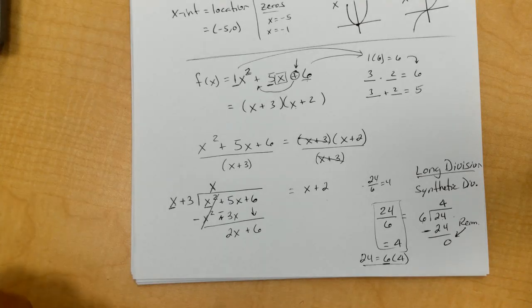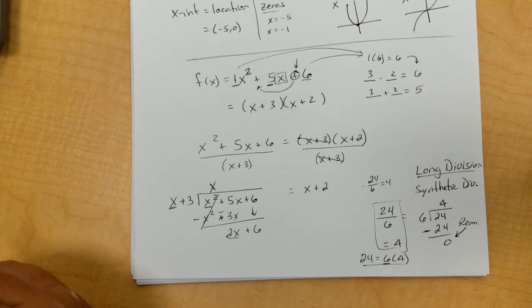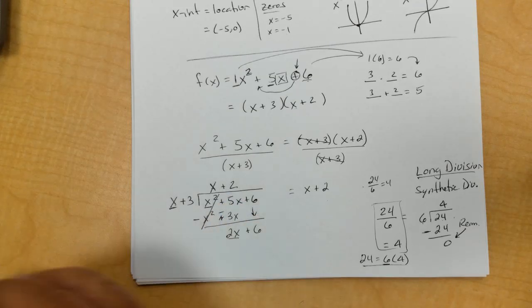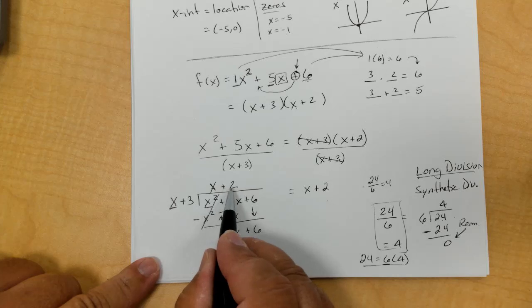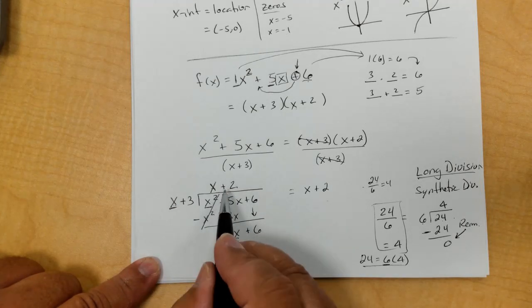Repeat the process. What times x gives me 2x? 2. Positive or negative? You have to be very distinct about the signs. Positive 2 times x is positive 2x.